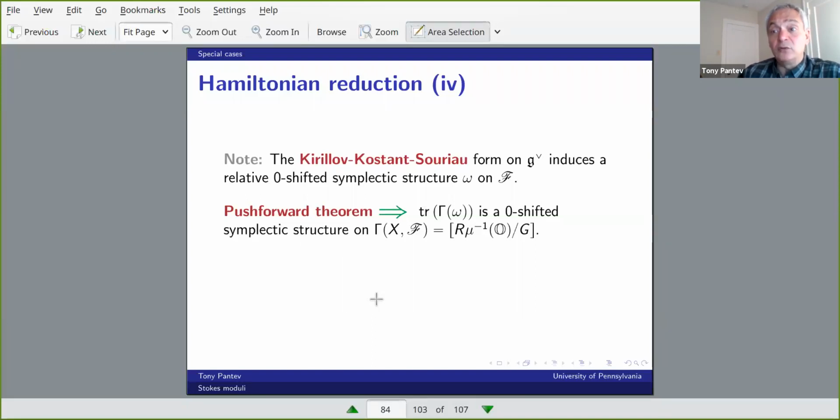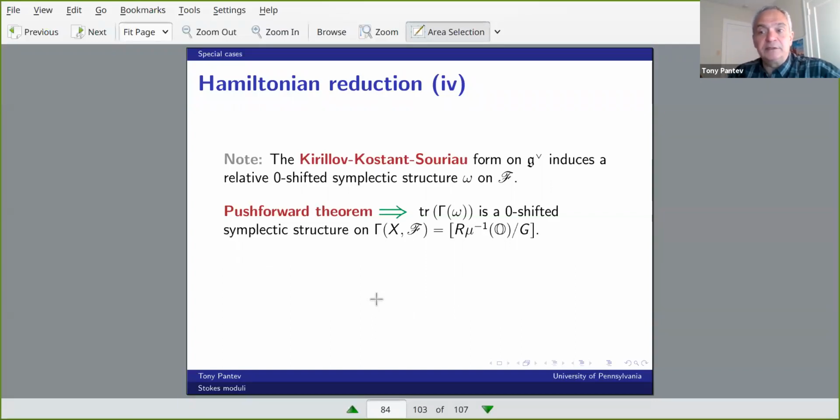You don't have any conditions on stabilizers or properness or anything like that. And the trace of the global sections of the form is a 0-shifted symplectic form in this case on this guy by the push-forward theorem, which of course on the smooth locus is the Marsden-Weinstein form.